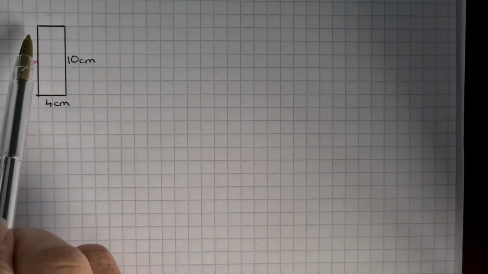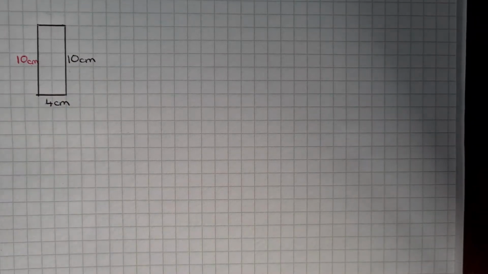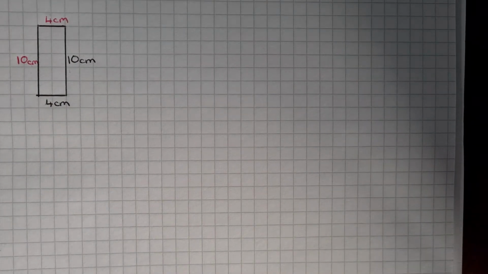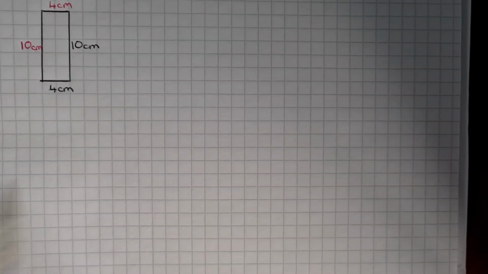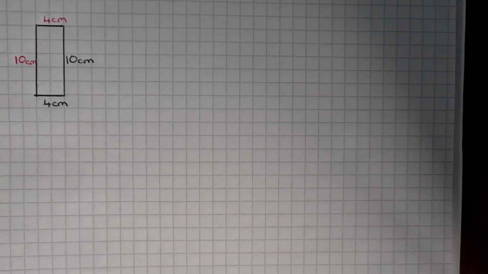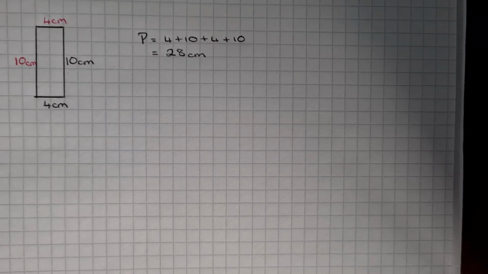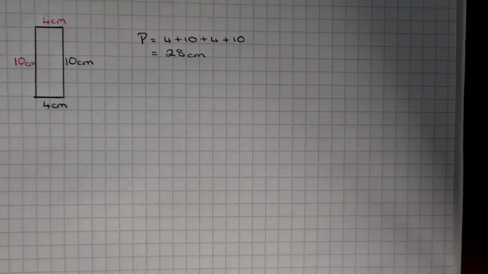So this side is 10 centimeters because it's the same as this one, and the top is 4 centimeters because it's the same as this one. Once you've filled in the missing sides, you can then add them together and work out the perimeter. So the perimeter of that shape is 28 centimeters. That should help with question 2 on the worksheet.